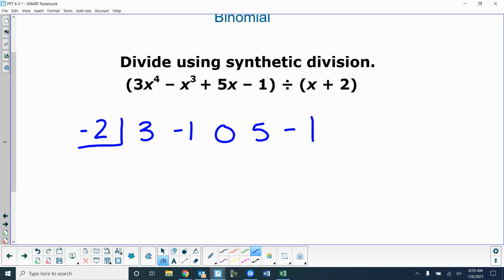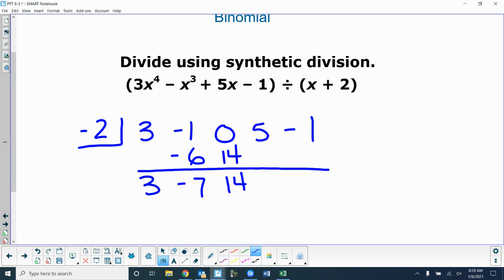Then the -1. Drop the 3. -2 times 3. Add. -2 times -7. Add. -2 times 14. Add. -2 times -23. Add.